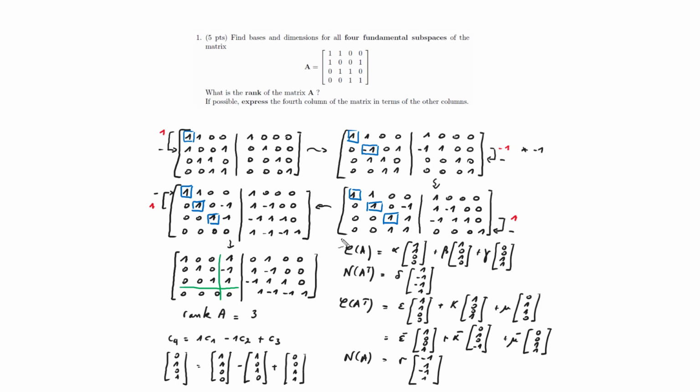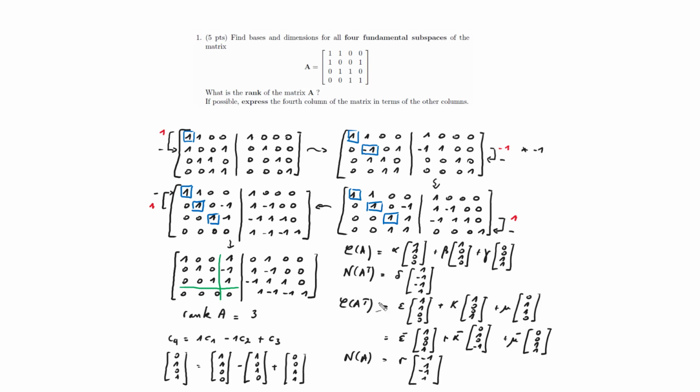We know that the dimension of the column space plus the dimension of the left null space should be m, which is equal to the number of rows, right? The number of rows is 4, and you can see that this is indeed correct since we have 3 basis vectors for the column space and 1 basis vector for the left null space.